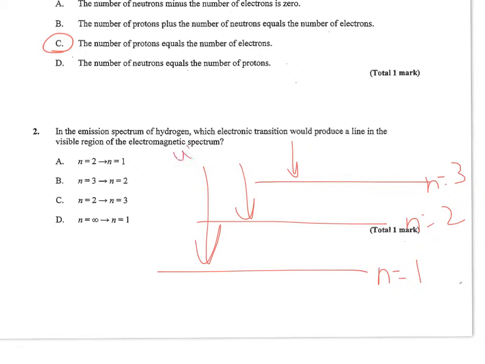Well, this has to be UV with the most energy. Visible is the middle one, and infrared's the least energy. So which would produce a line in the visible region? That would have to go to N2. You pretty quickly can eliminate A and D because they're both dropping to N1. So it was really between B and C, but B would be the correct answer. The medium amount of energy is visible light.